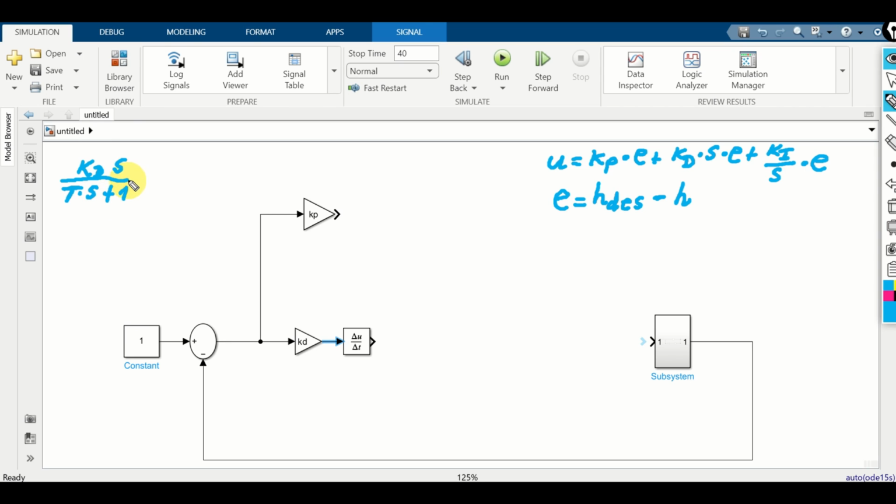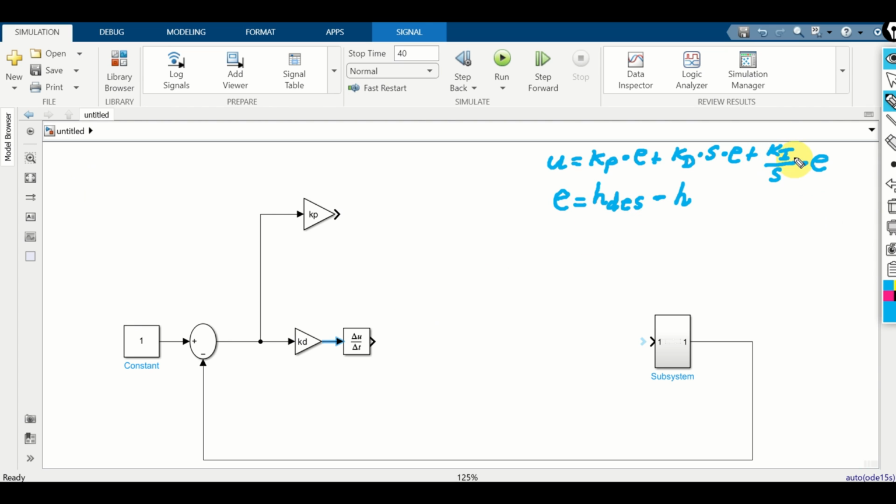That is, in practice, we will combine a derivative action with a low pass filter to limit the amplification of high frequency components of the error. However, for the time being, we will simply model the derivative action as a simple derivative term, that is, as a simple differentiator. Okay, let me erase this so I can continue.